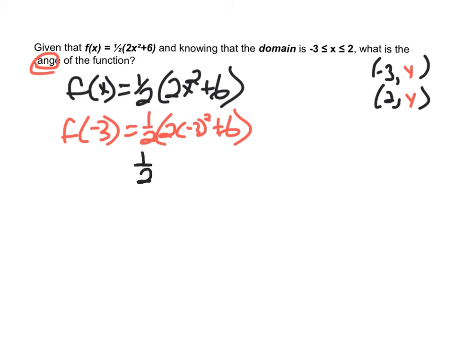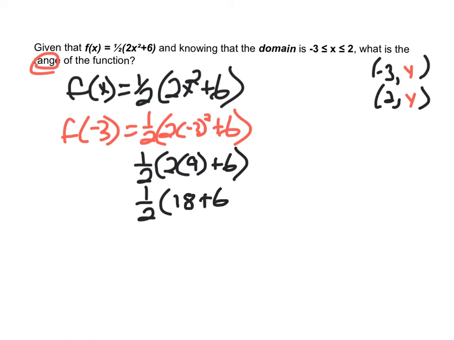So we have 1/2 and then parentheses 2 times, now I'm going to square -3. -3 times -3 is +9. You have learned how to work with those exponents or squared numbers. So 2 times 9, and then plus 6, and then our closed parentheses. So I'm just going to continue working this out. 1/2 times 9 times 2, which is 18, plus 6.